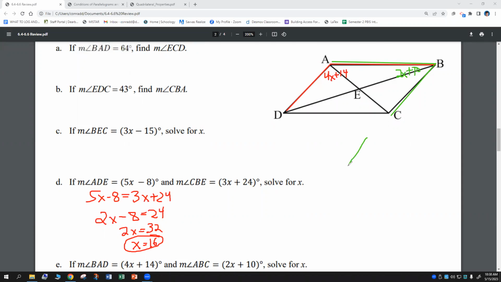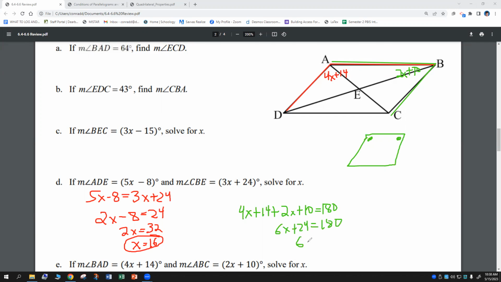Right, if you're using just a normal looking parallelogram, we're talking about these 2 angles right here. Those are consecutive angles, which means they have to add up to 180. So on this one, we're doing 4x plus 14 plus 2x plus 10 equals 180. So that's going to give me 6x plus 24 equals 180 when I combine like terms.